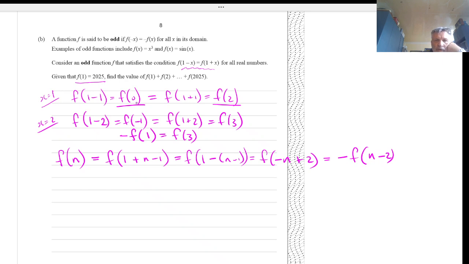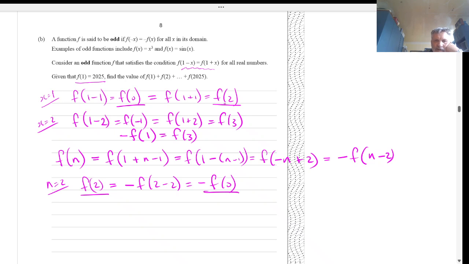I noticed something straight away that's interesting about this first one. If we put n equal to 2 into what we've just found here, this is saying that f of 2 is equal to the negative of f of 2 minus 2, which is the negative of f of 0.